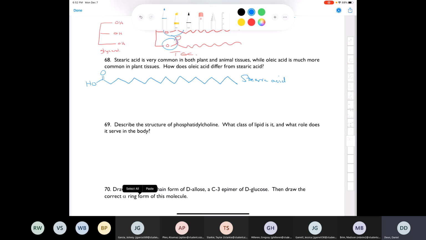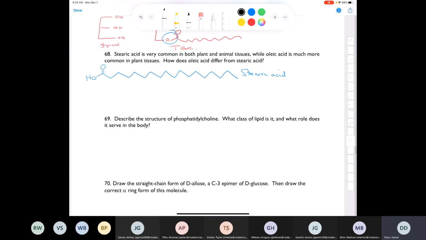And oleic acid has a unit of unsaturation at carbon number 9. So up here 1, 2, 3, 4, 5, 6, 7, 8, 9. Then we have something that looks like this. 10, 11, 12, 13, 14, 15, 16, 17, 18. So this is oleic acid.